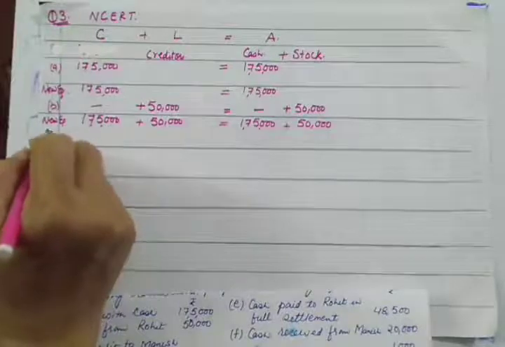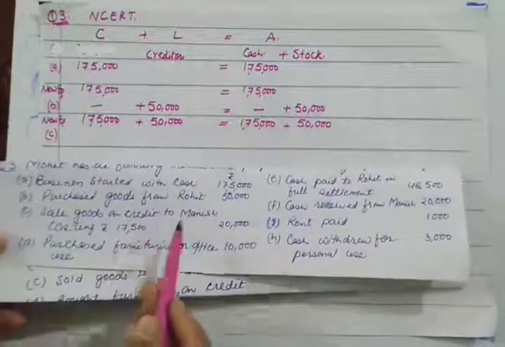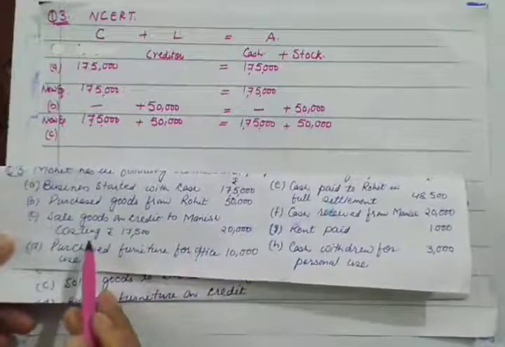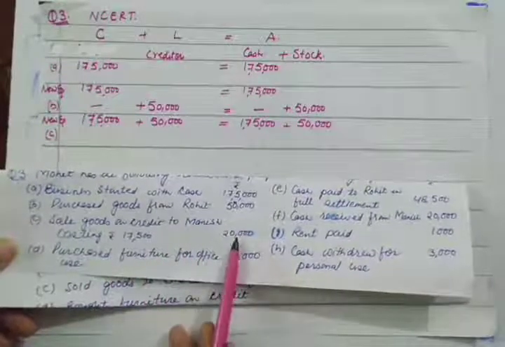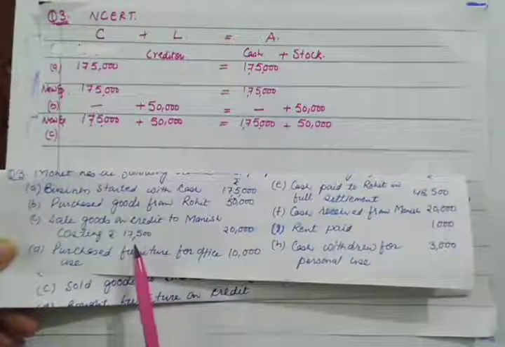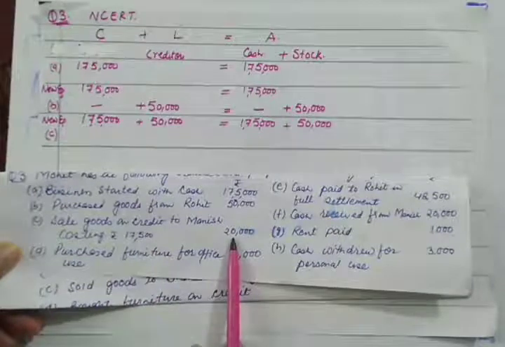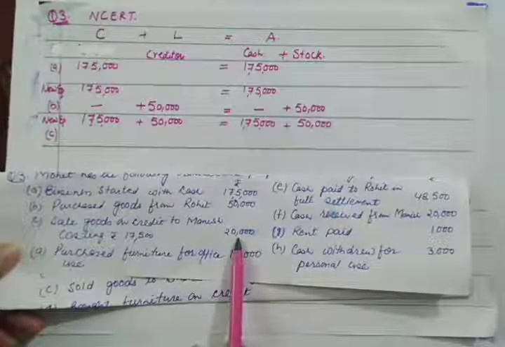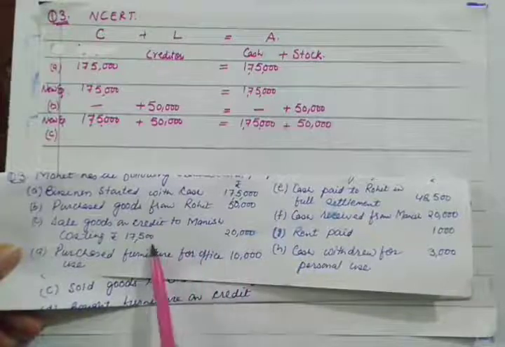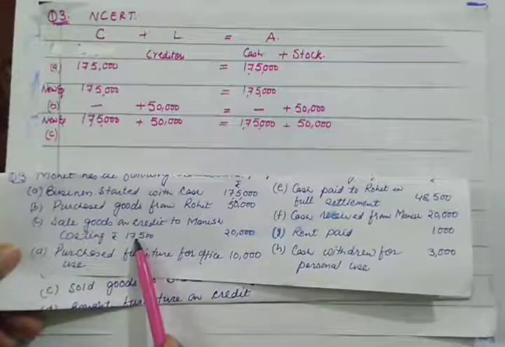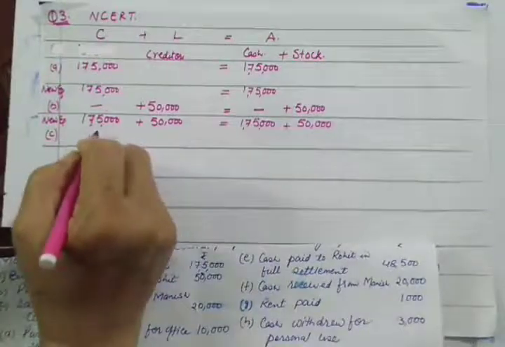Now see the impact of transaction number C. Sale of goods on credit to Manish costing 17,500 for rupees 20,000. So cost is 17,500. Sale value 20,000. So in this case, firm is having a profit of how much? 2,500. So you know how to deal with this.